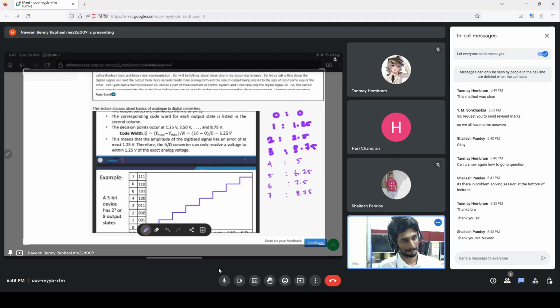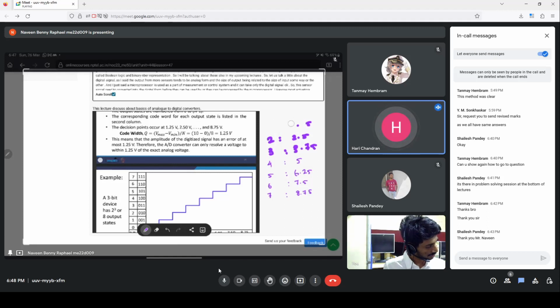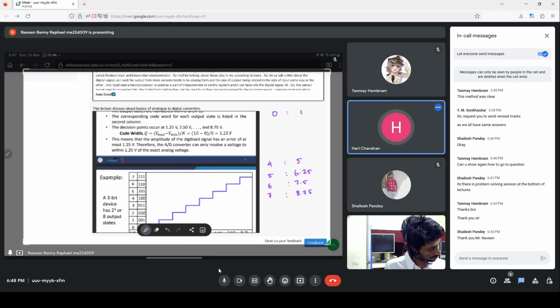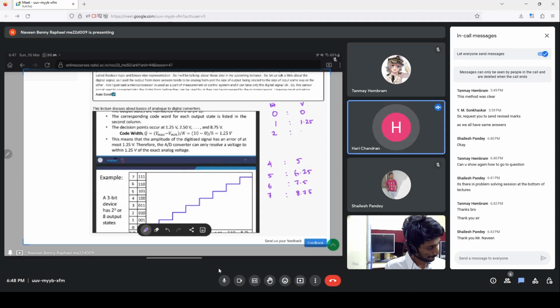Because when I compare with this example, the fourth one, with 8 bits, if I directly divide by 256, the voltage we are discussing now, question number 8, 0.23475, somebody will get divided by 255, that will be 0.23475.